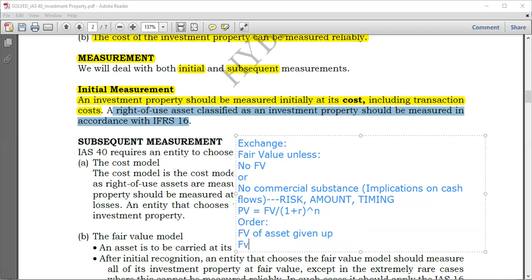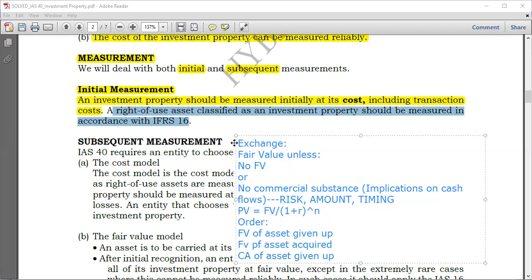If it does not exist, maybe you take the fair value of the asset acquired. And in case that is not possible, then no problem, just use the carrying amount of the asset given up, the carrying amount of your own asset that is already in the books.